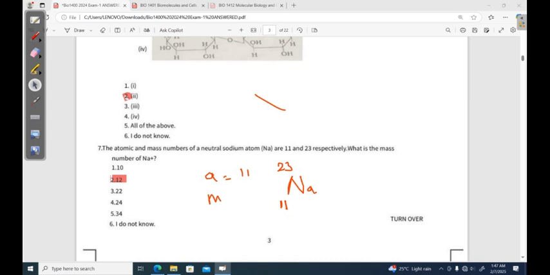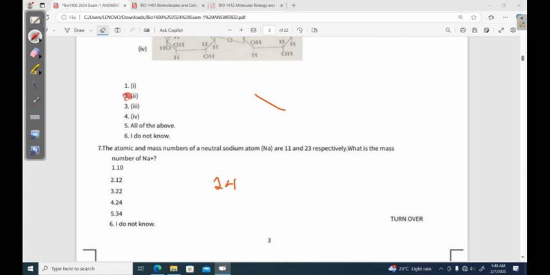So let's just make a correction there. An electron has been added, hence the mass number will change from 23 to 24, because we're counting, because protons, all these have charges.